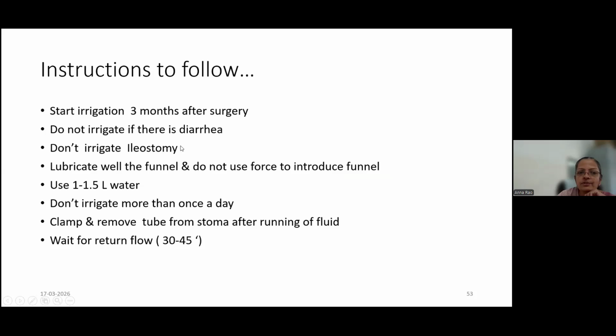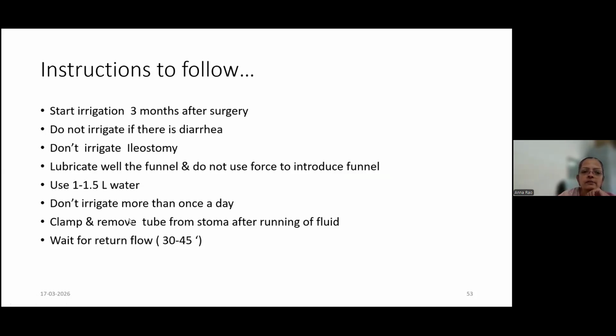Clear instruction should be given to him, and not to irrigate at all in ileostomy. So the patient should know what kind of stoma he is having. The funnel that we saw in the previous picture should be lubricated well, and it should not be pushed inside. Slowly it should be introduced into the stoma.